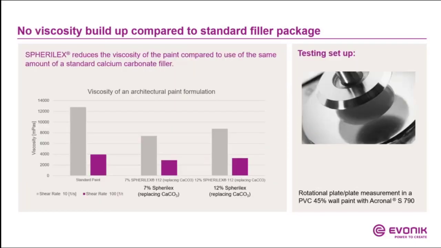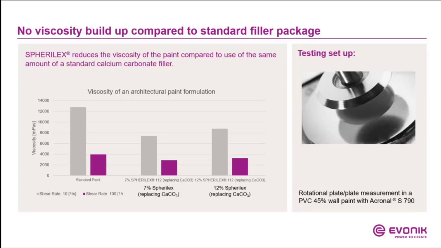Coming to some results. When using solid particles, they will always influence the rheology of your coating, the viscosity at the end. On the left side in the graph, we see a standard paint with a viscosity at different shear rates. When we now replace some of the calcium carbonate by SPHERILEX, you don't see a big increase, the other way around.